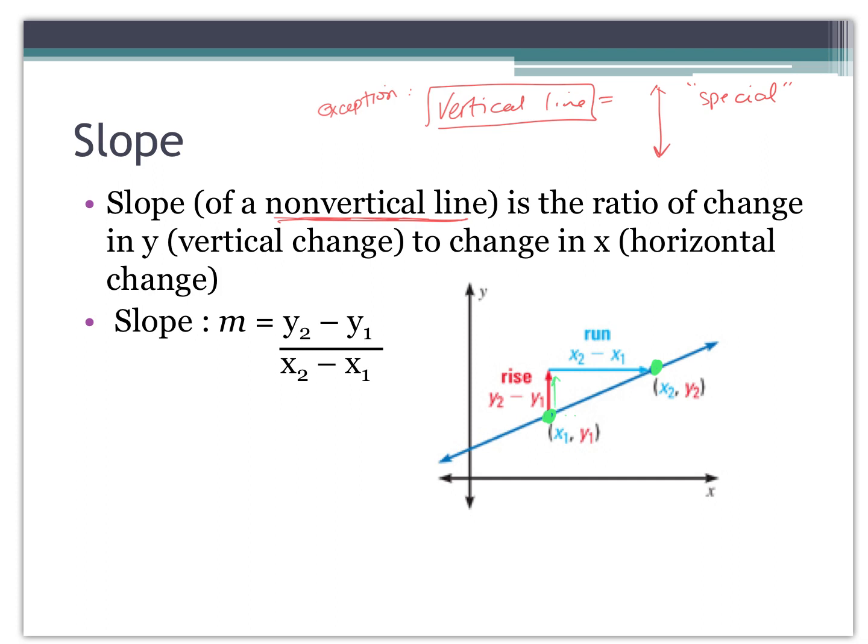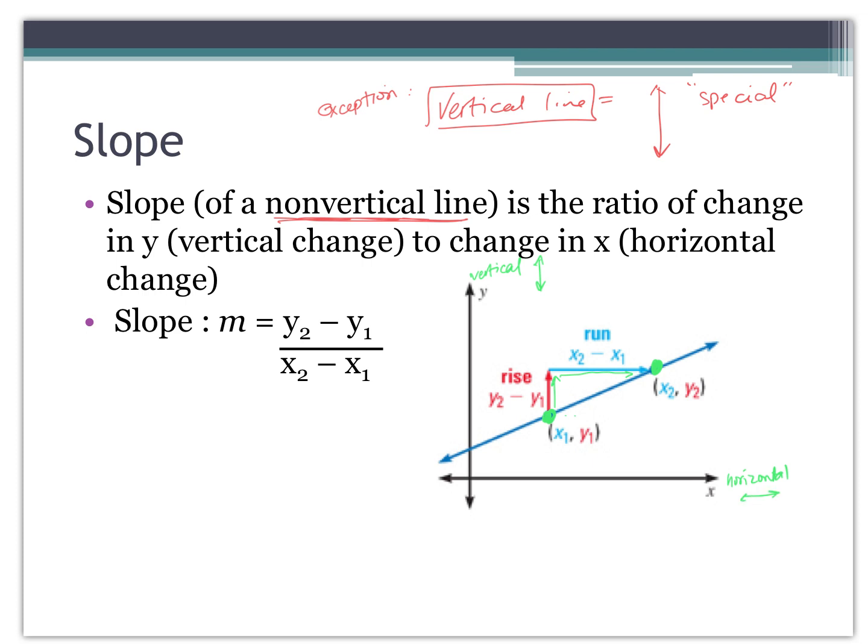I'm going up. And I know that I'm going to be going to the right as well. That's my change in x, and that's my horizontal change. Y has everything to do with vertical, and x has everything to do with horizontal, because vertical is up, down, right? And horizontal is side to side.